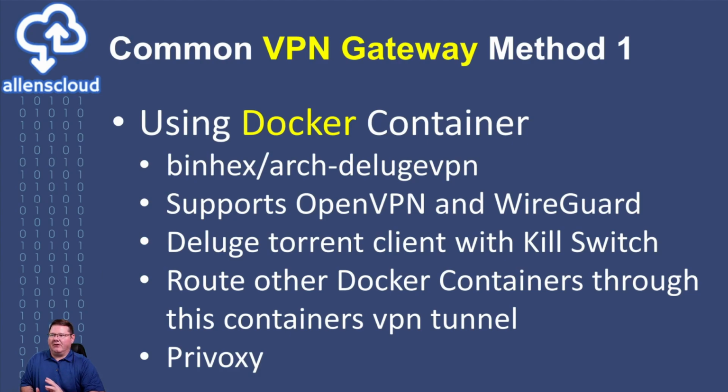And the final thing about this method here is something called Privoxy, which is sort of a separate function, but they have included it in this container all together with these other services. And basically this is a proxy port that is available and will route traffic through the VPN tunnel that gets established here.